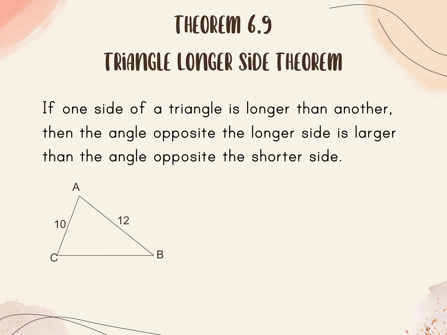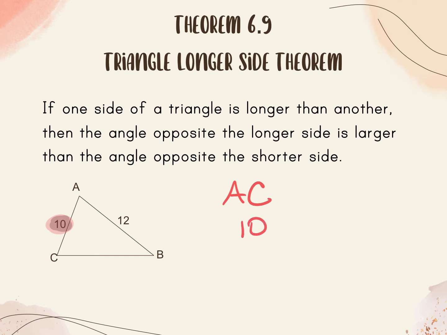So here what I'm going to do is look at my two side lengths that have numbers here. The first side I see here has a 10. This is side AC. So AC is equal to 10.